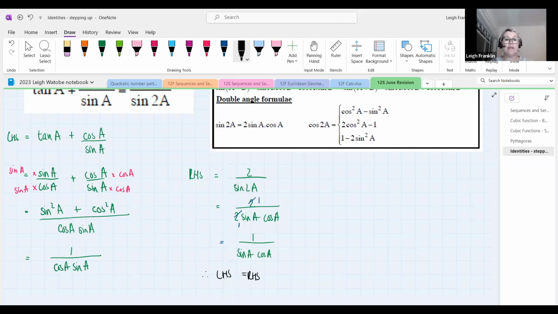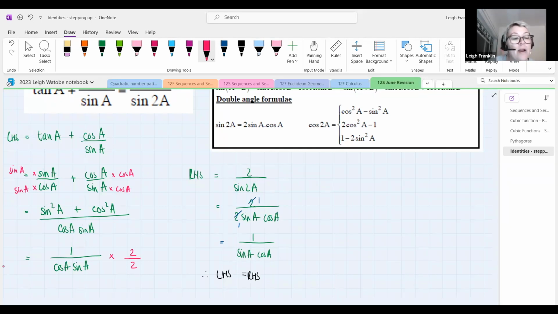Let's go and have a look at some slightly more difficult questions now. Before we do that, I just want to point something out to you that you may or may not be aware of. Did you know that you can multiply this fraction 1 over cos A sine A by 2 over 2? Because when you multiply something by 2 over 2, it's 1, isn't it?